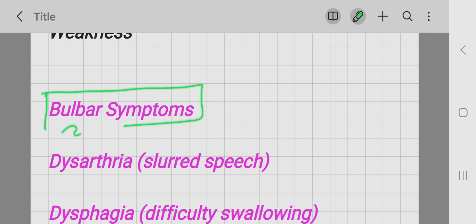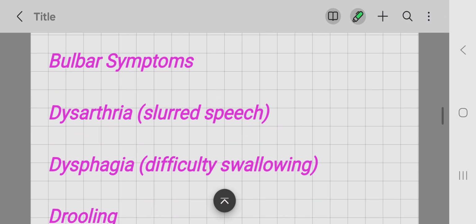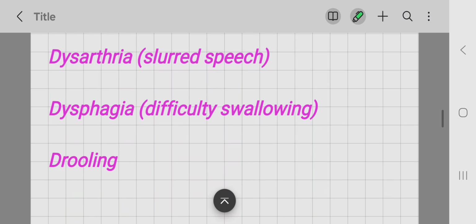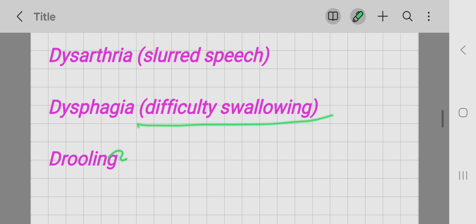in case of progressive bulbar palsy. Bulbar symptoms include dysarthria, as I have told you, dysphagia, difficulty swallowing, and drooling of the saliva from the angle of the mouth, and there may be nasal speech.